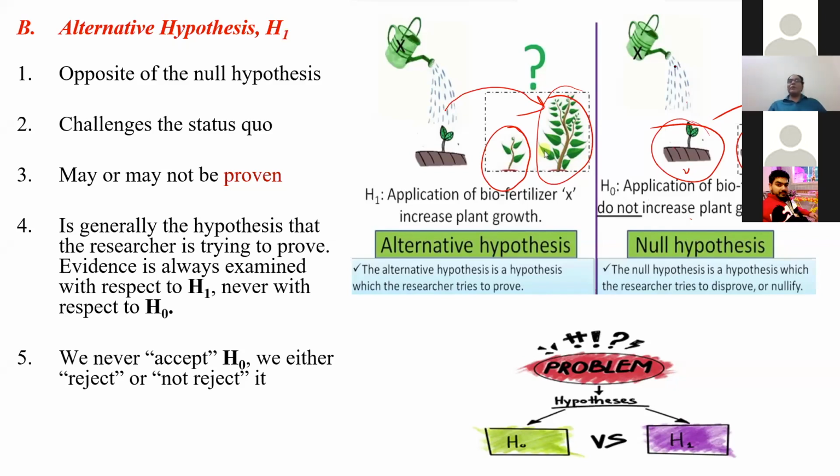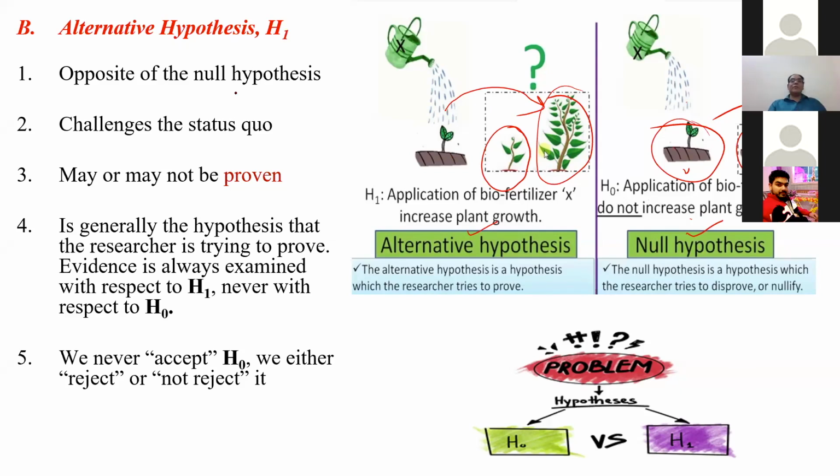In the null hypothesis, we assume that the effect is the same without and with fertilizer, and here I want to challenge it and prove that fertilizer has a significant effect on growth. So this is what is null and what is alternate. The null hypothesis is neutral and the alternate hypothesis is opposite to it.